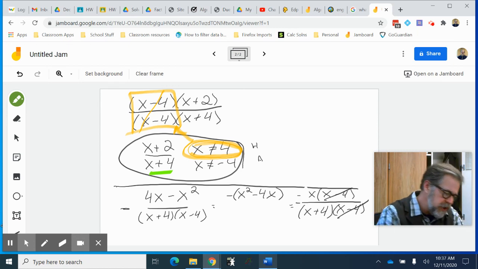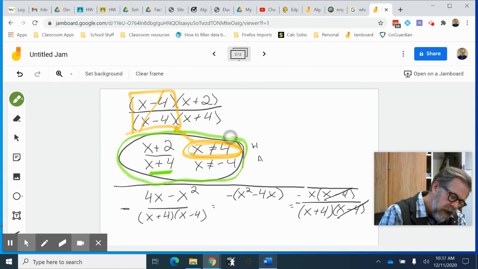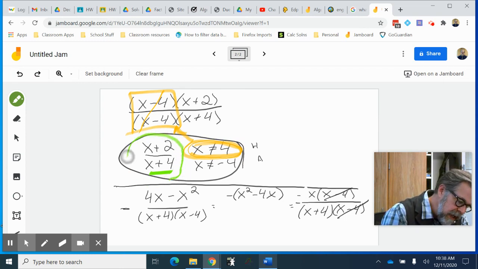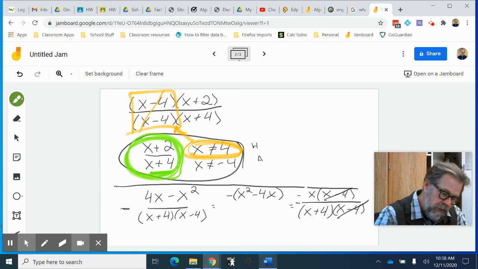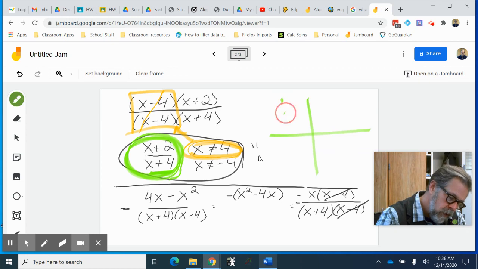If you just hand somebody this and say, here's what this simplifies to, they are going to draw a graph with an asymptote at negative 4.